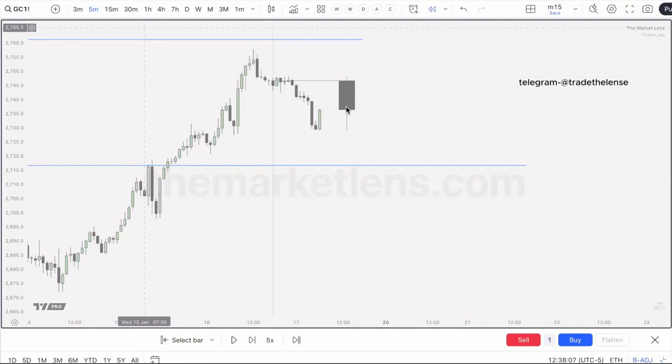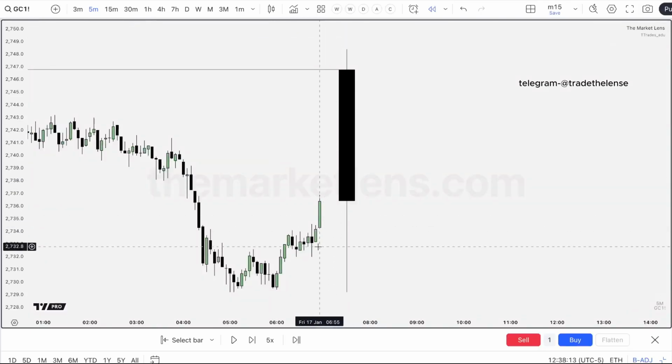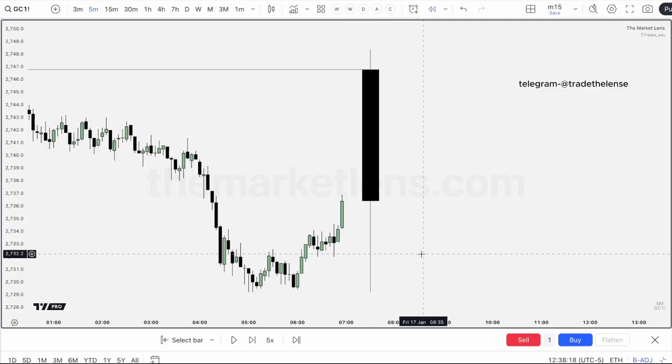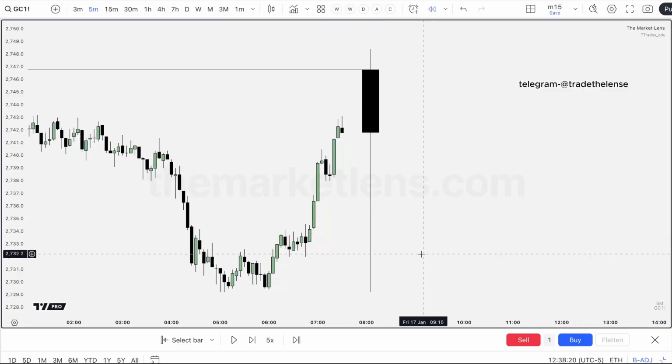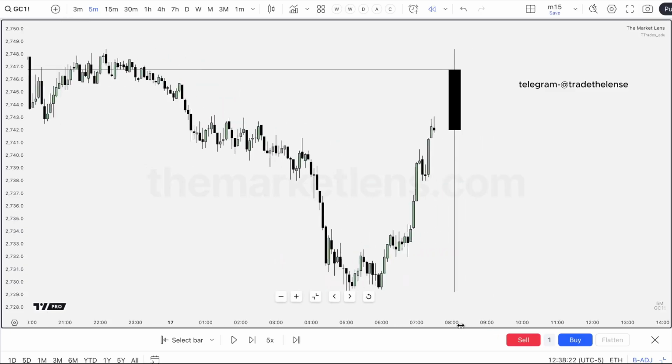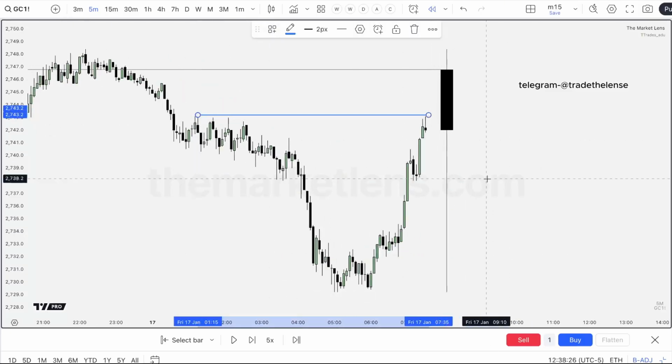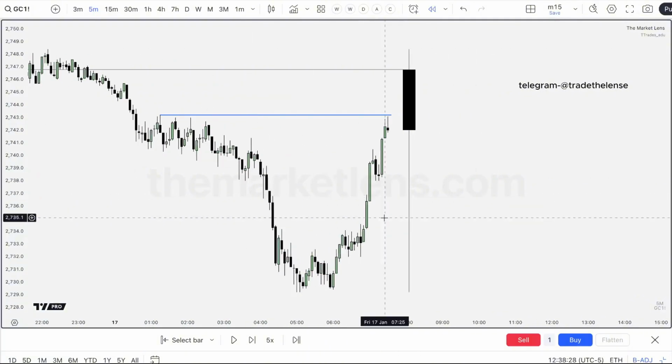Just for future guys, if you do share charts, it's really helpful if you include the vertical lines for me, because a huge part of my strategy is when the higher time frame candles open on the lower time frame, right? So I want to see that. So what I notice here is these are the obvious targets, right? And then the highs, right?